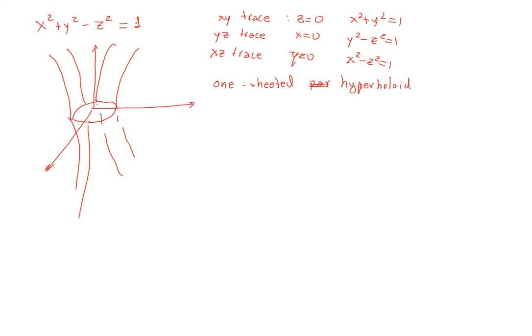So the question is, how can we obtain an equation for a two-sheeted one? And the answer is, for example, put a negative number on the other side.